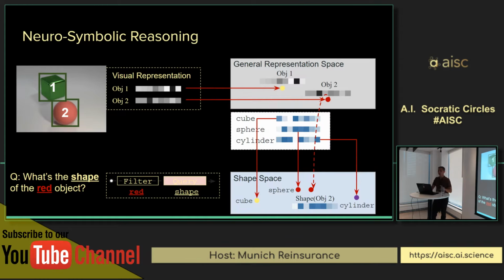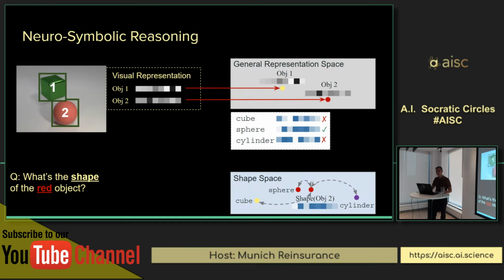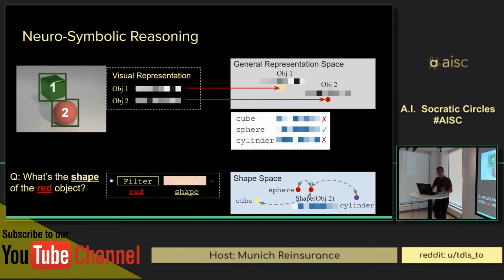And compare it with the vector embedding of different shapes in the dataset, such as cube, sphere, and cylinder. Again, we compute the cosine similarity between the shape representation of the second object and the vector embeddings of different shapes to classify the shape. In this case, the object will be classified as sphere.